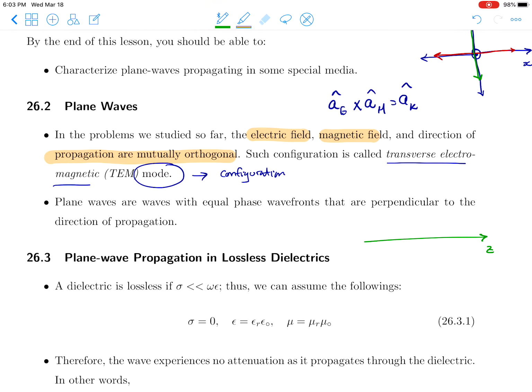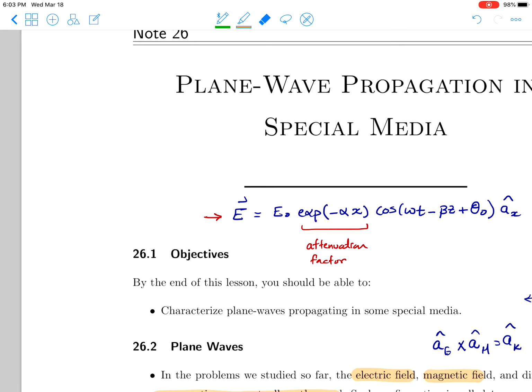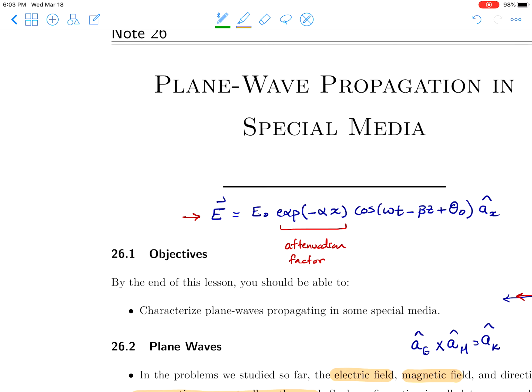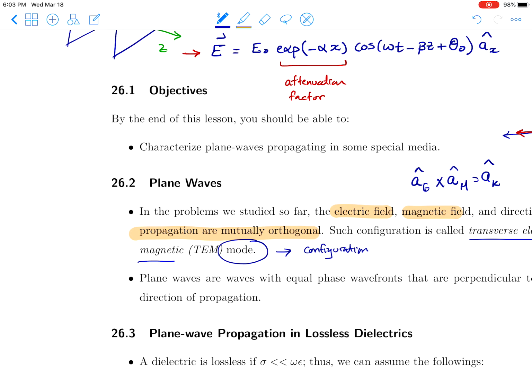If this is the direction of propagation, let me draw it in a better way, over there, where I have enough space. Then I will have different planes here. Each plane will have something called a constant phase front.